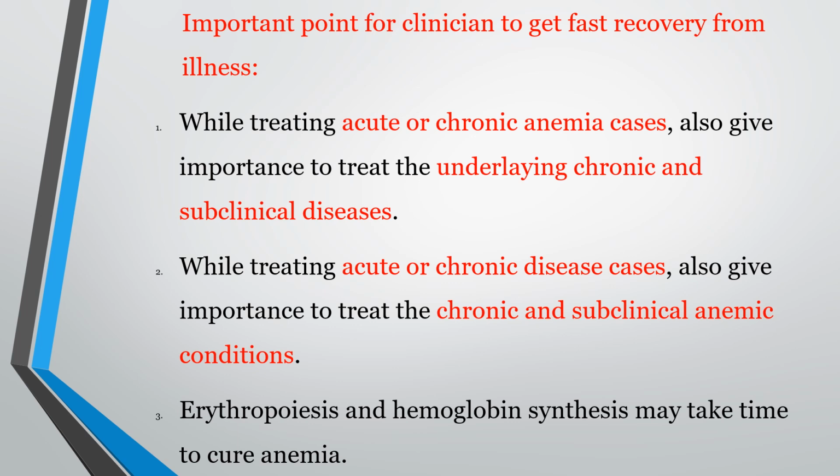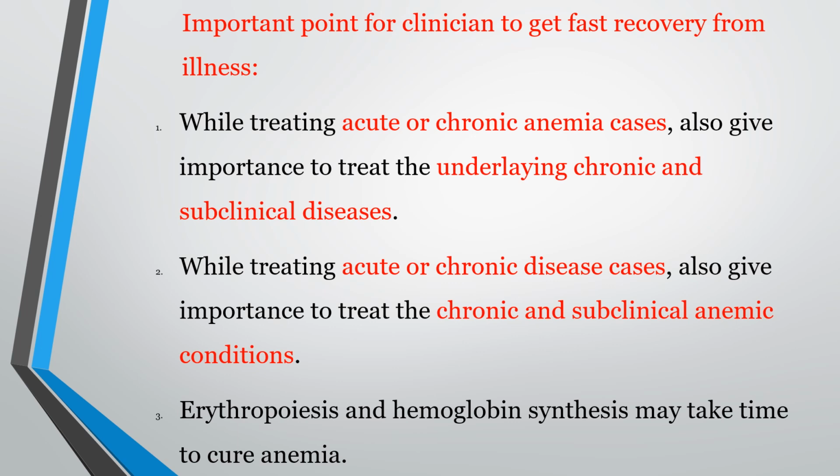Lastly, I want to say something to the clinician. Important point: with proper diagnosis and proper treatment, one can get a fast recovery from the illness. A token of advice to the clinician. One is, while treating acute or chronic anemia cases, it is visible.